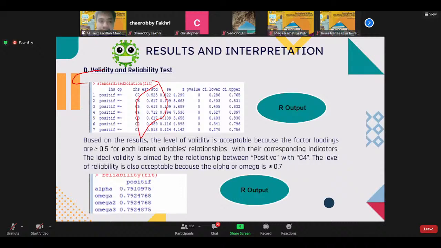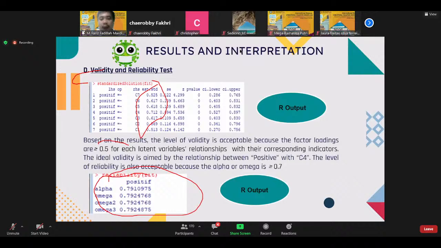The ideal validity is achieved by the relationship between positive and C4, and the level of reliability is also acceptable because the alpha or omega is greater than 0.7. This is the result for the reliability test. So validity is in good condition and reliability is in good condition, and the goodness of fit in the previous slide mostly satisfied the cutoff value.